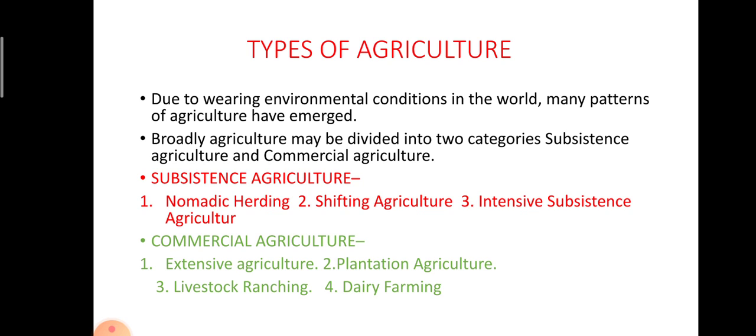Many farmers trade their excess crops and livestock for buying required goods. Means after consumption, if a surplus amount of crops remains, then they sell the surplus crops for their requirement.